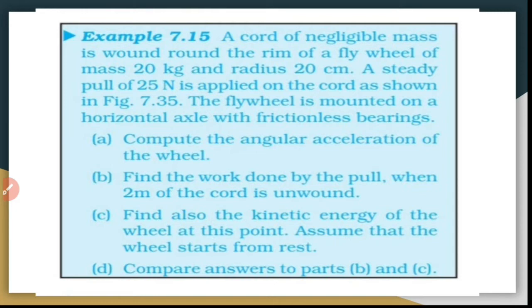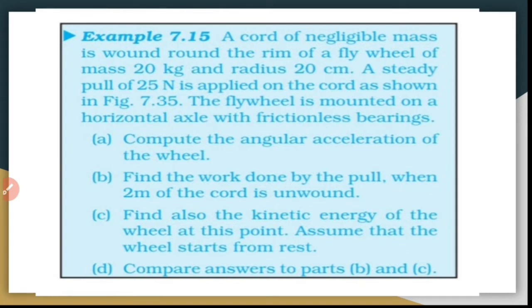With a 25 Newton force the cord is pulled down, so the cord gets unwound. By that, the flywheel rotates about its axle.